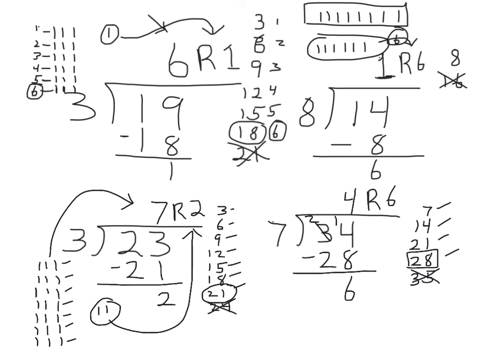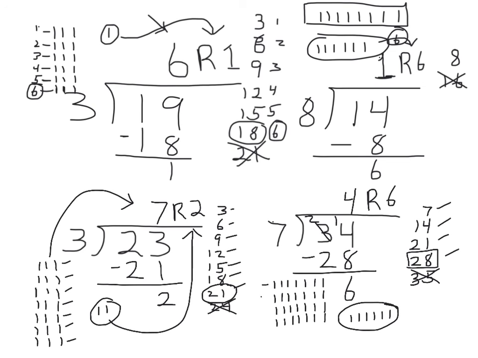Like that. And if I want to find this out by drawing a picture, I can make groups of 7 till I get to 34. 1, 2, 3, 4, 5, 6, 7, 8, 9, 10, 11, 12, 13, 14, 15, 16, 17, 18, 19, 20, 21, 22, 23, 24, 25, 26, 27, 28, 29, 30, 31, 32, 33, 34.